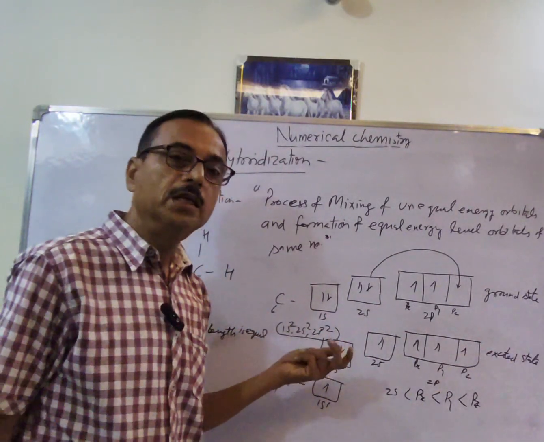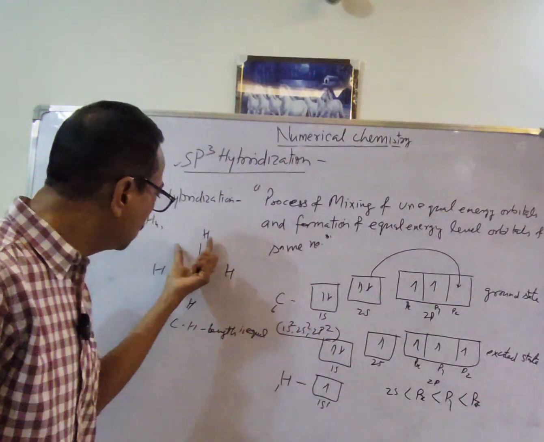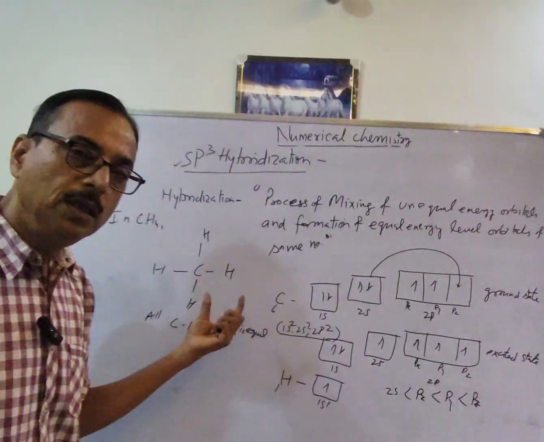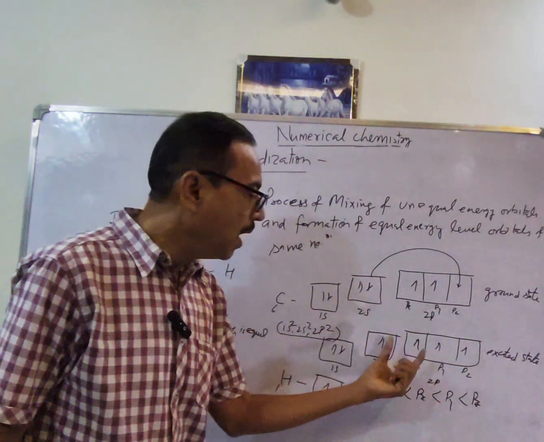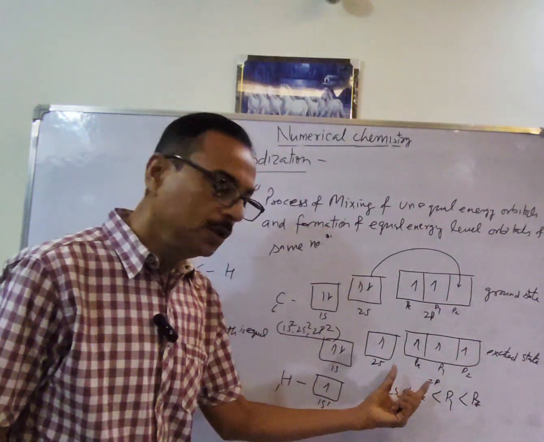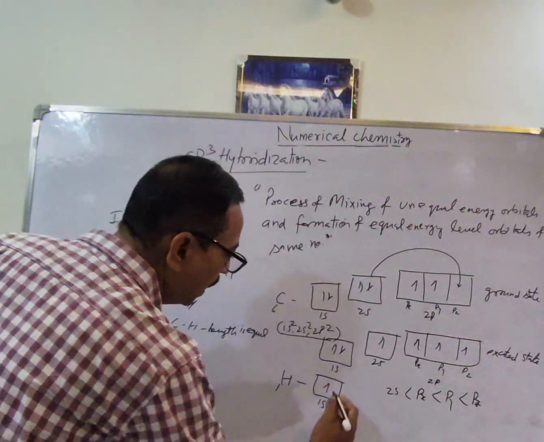But practically it has been found that all CH bonds have equal energy. It means some other process happened before bond formation, and that is called hybridization.